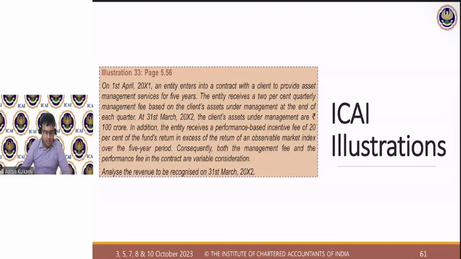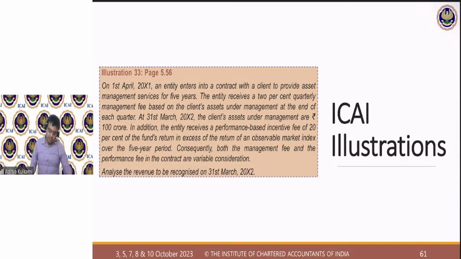On 1st April 20x1, an entity enters into a contract with a client to provide asset management services for 5 years, portfolio management. The entity receives a 2% quarterly management fee based on the client's assets under management at the end of each quarter.